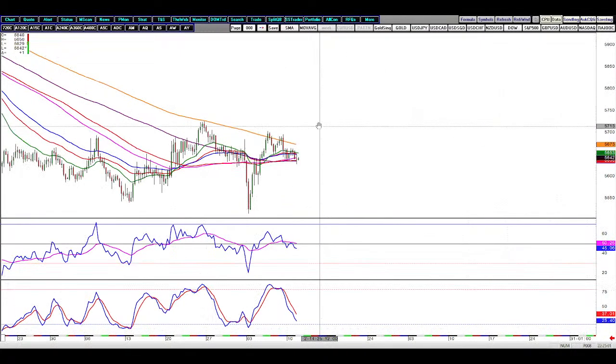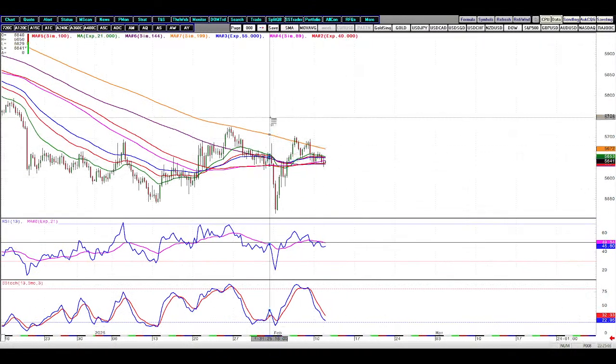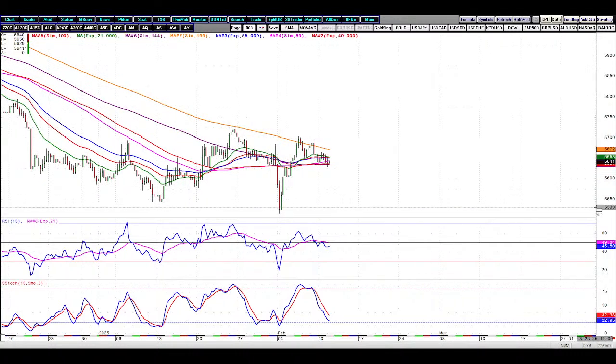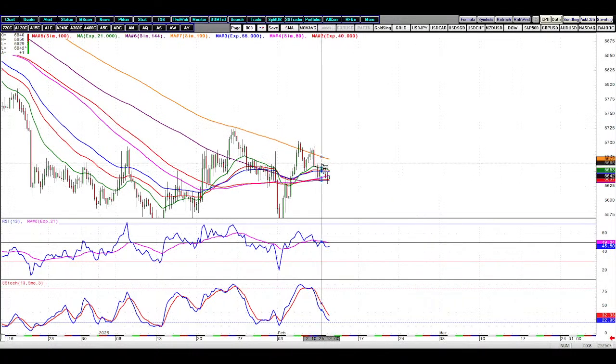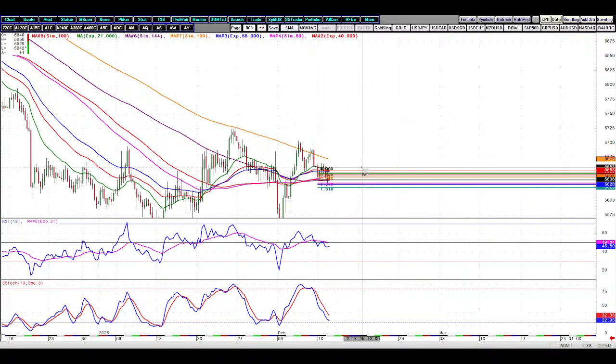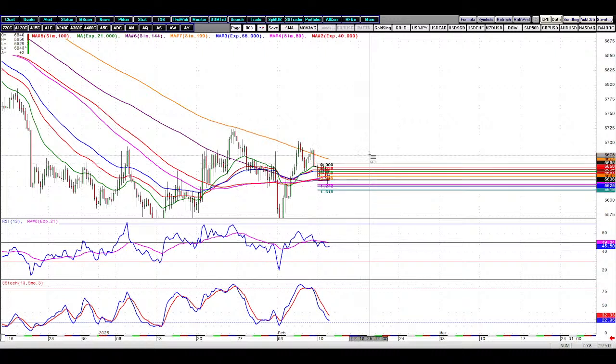Okay, sorry, so we are seeing a range here. So we'll try to sell somewhere at 56.60, 56.65, and we should be trying to exit before 56.30.